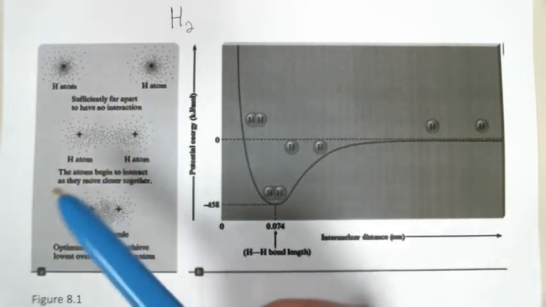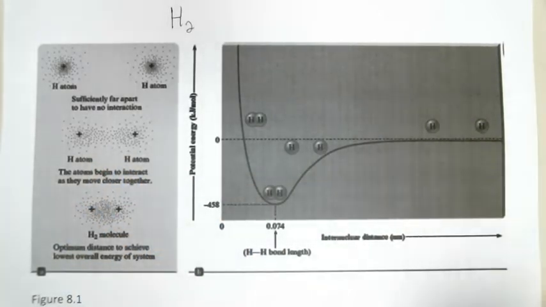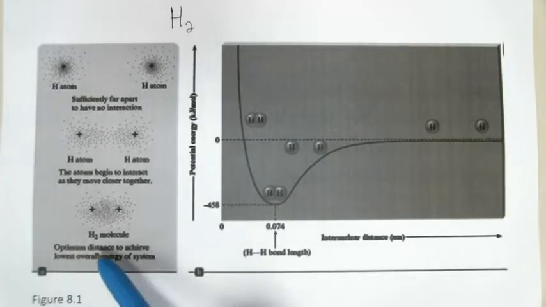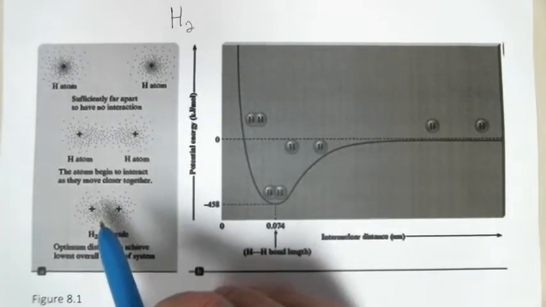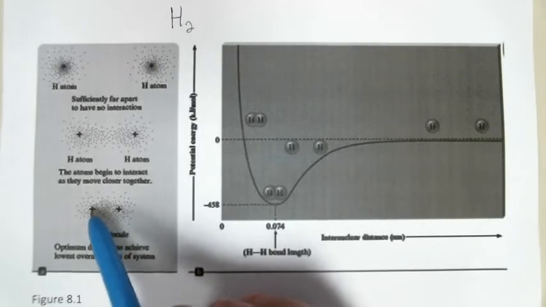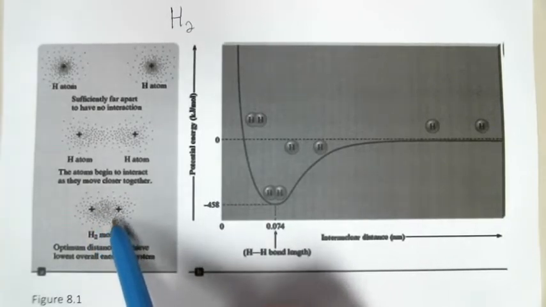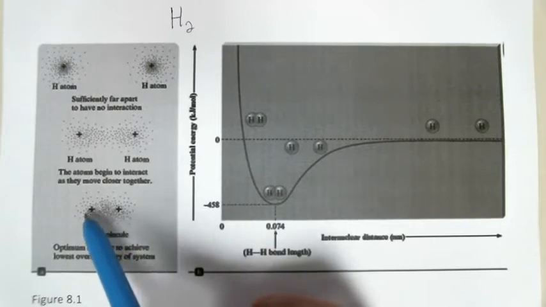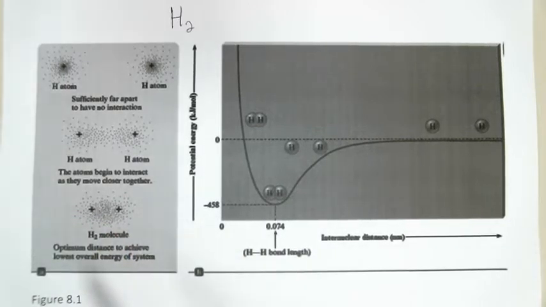It's the orbitals, with the electron existing in it, like we talked about with quantum mechanics, right? And then finally, that optimum distance, the bond distance, where you've got the two nuclei that are positively charged and the electrons in the orbital that are negatively charged.